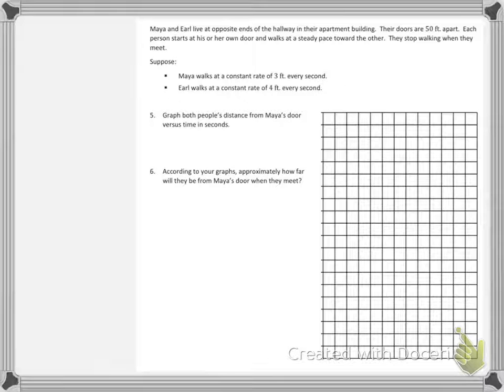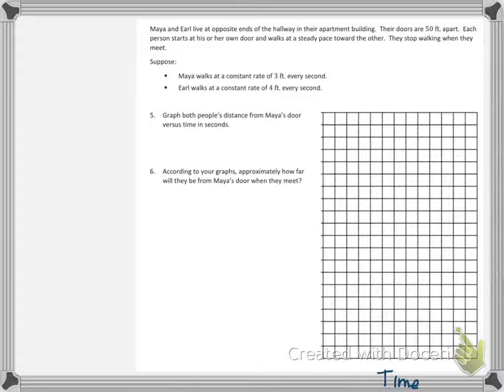All right, so first we're going to get some scales, so let's do that. We know that our x-axis is time. And it's going to take probably just a few seconds. If we're walking at 3 feet every second, then 50 feet would get there at around 17 seconds or so.